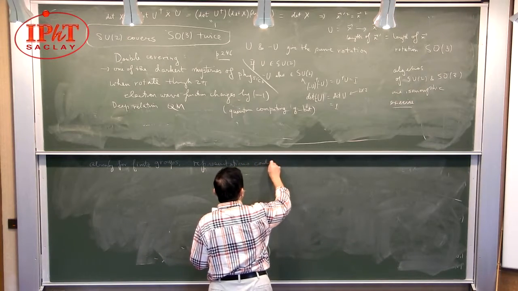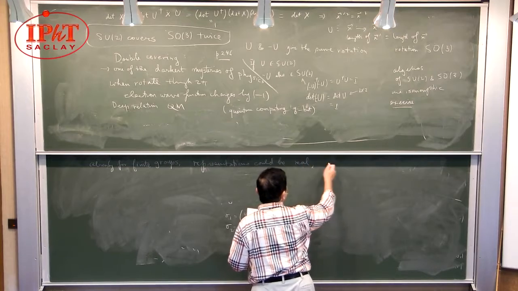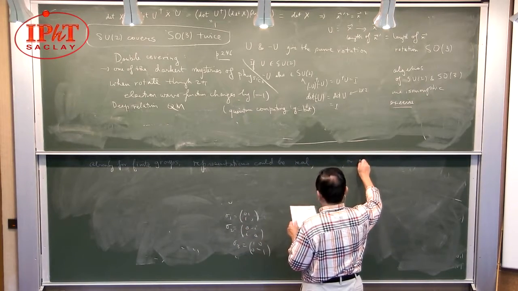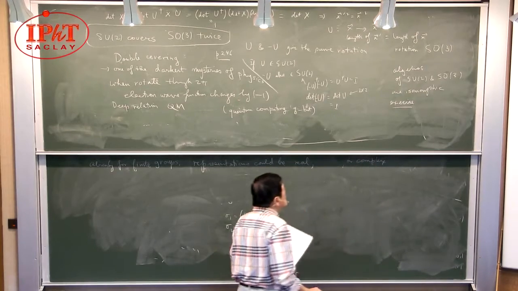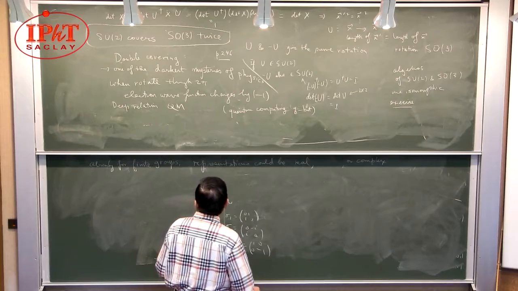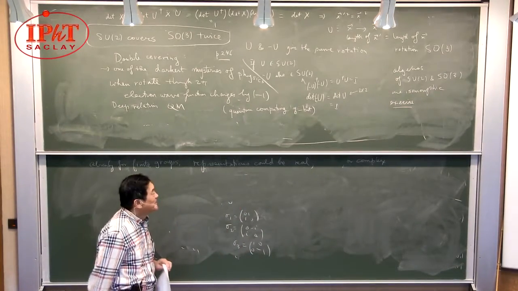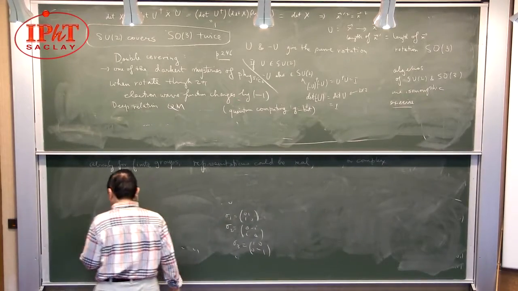The representations could be real or complex. Okay? You notice that I left a space here between real and complex on purpose.